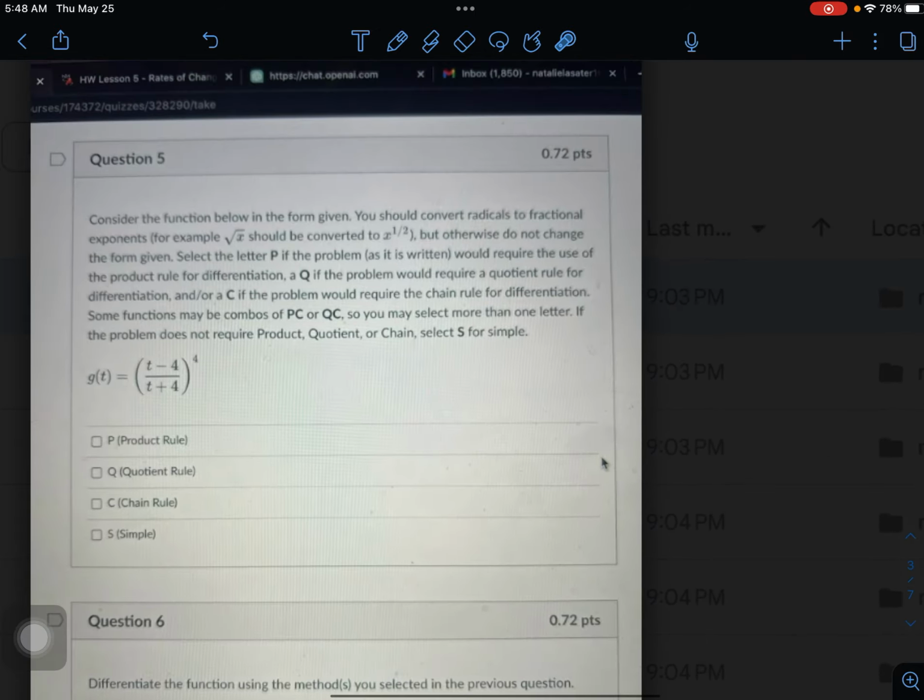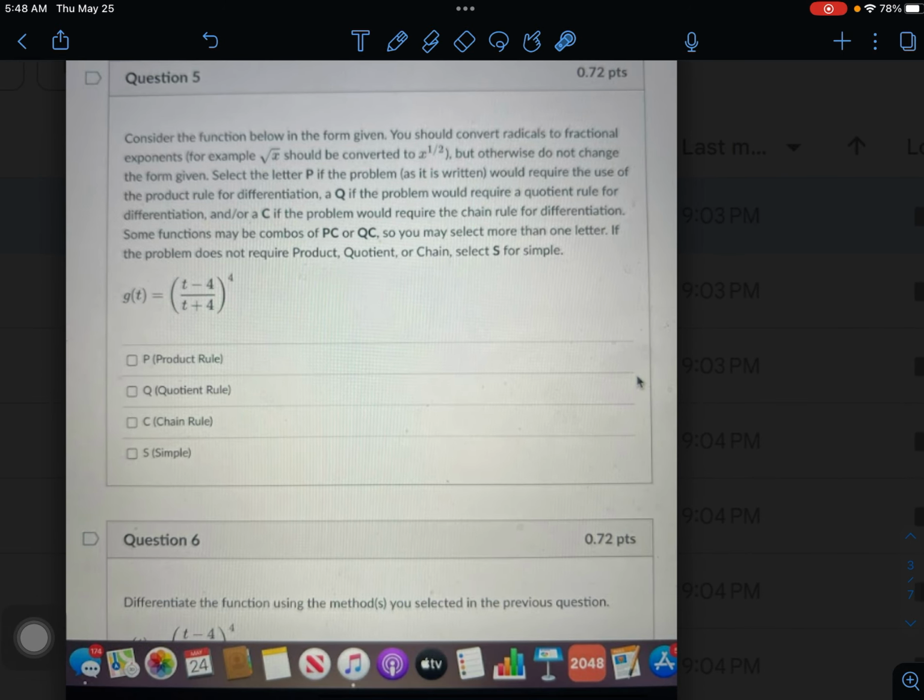Let's keep on going up to here, because I think this one's going to be a combination. So let's take a look at this one. Number 5. This is the chain rule. This stuff in the box, that's your inside function.